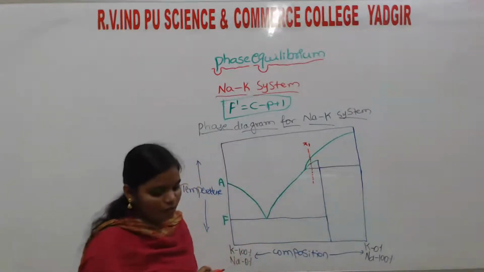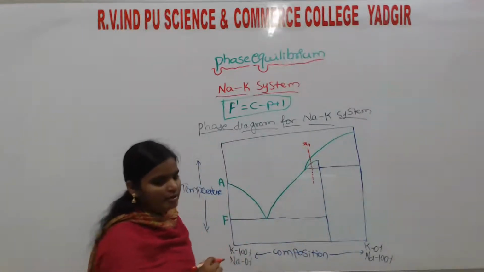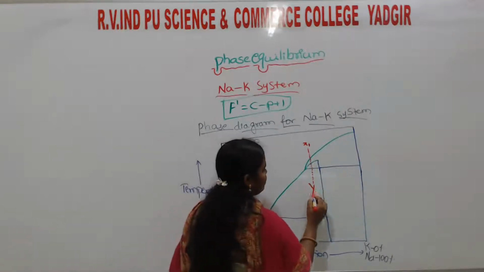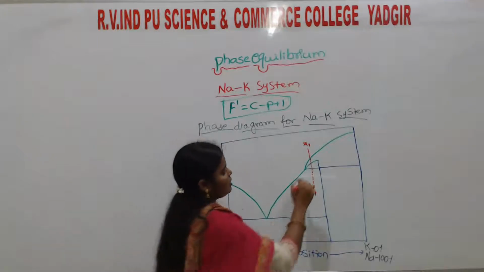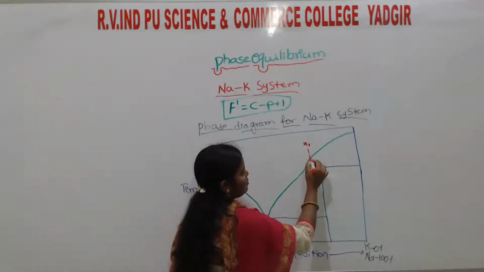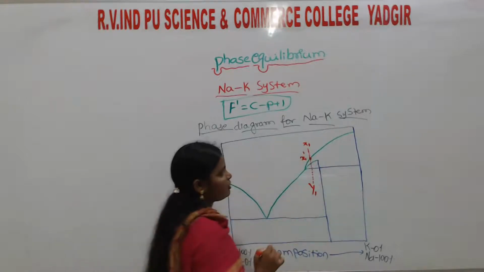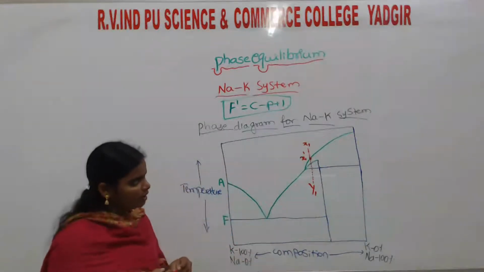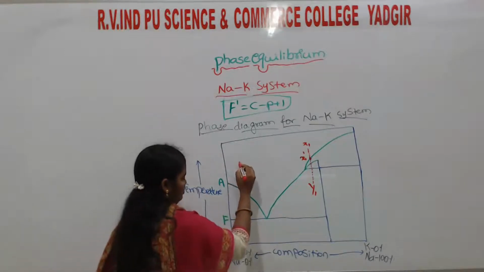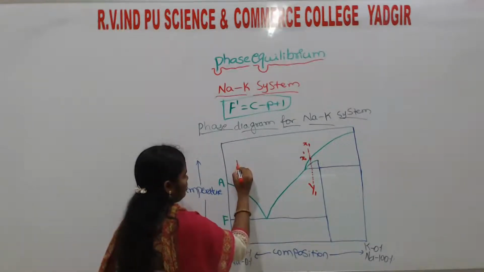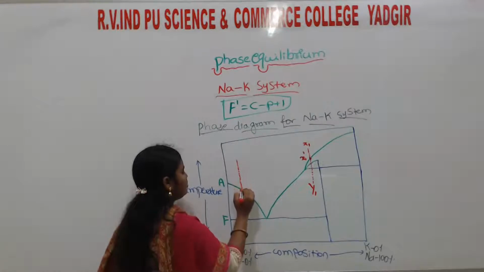This is x1 and x1 dash. This is the y1 and this point on this curve. This is x1 dash. And here this is a point.